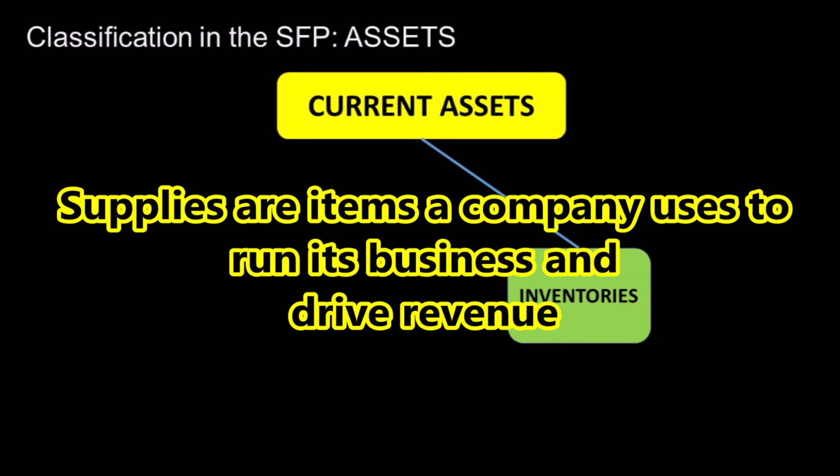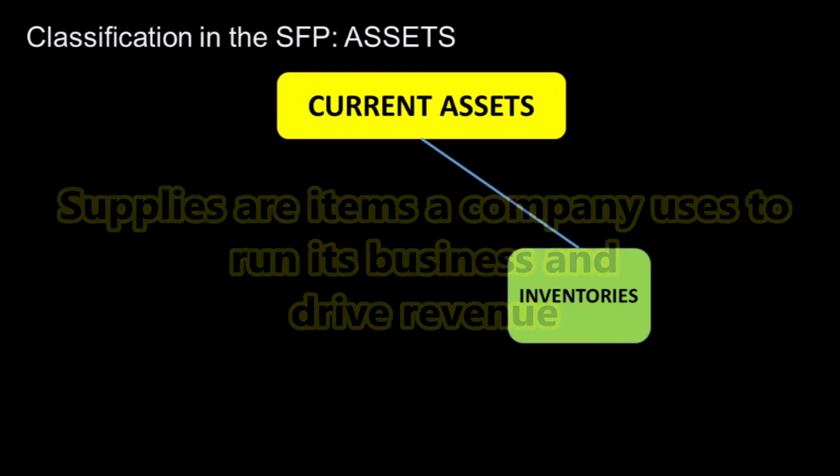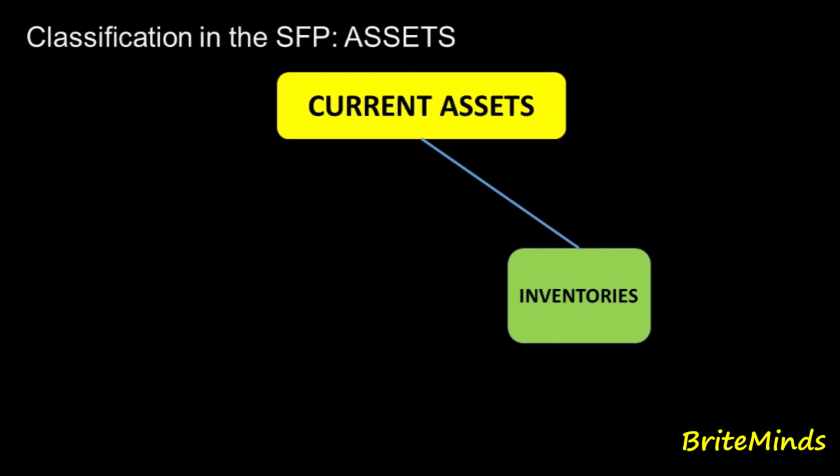And the items that are used in the day-to-day activities of the company are called supplies and not inventory. So remember, items that are used in the day-to-day activities of the company are called supplies. And then inventories are the merchandise that are held for sale, are reported as inventory.